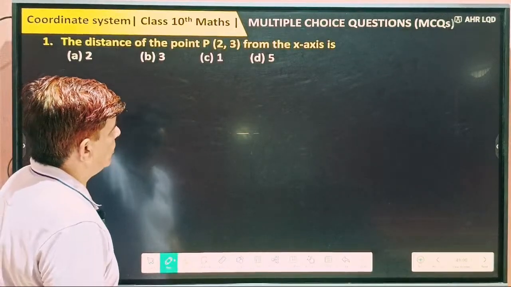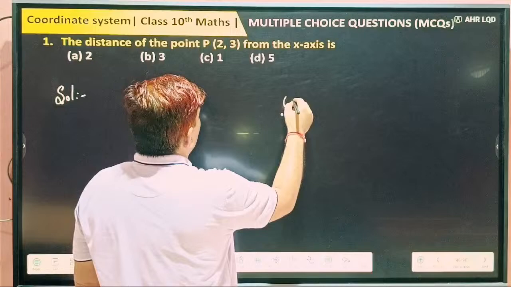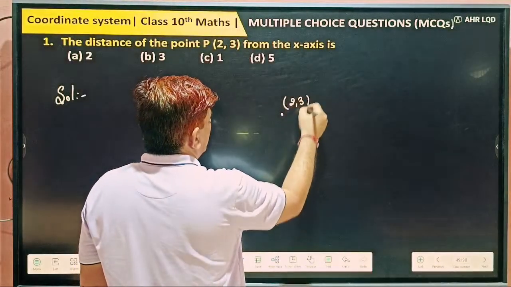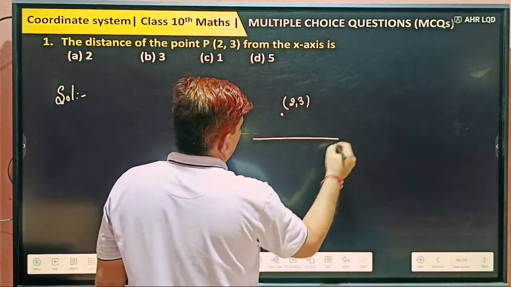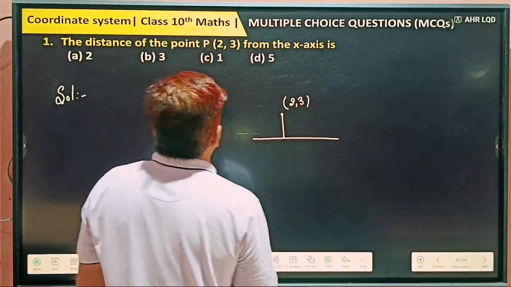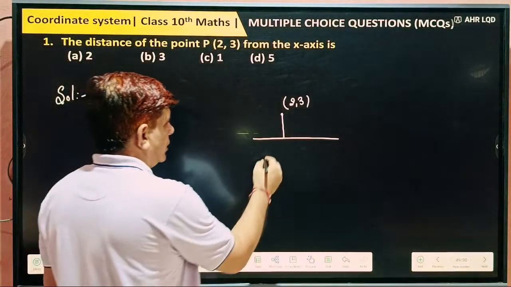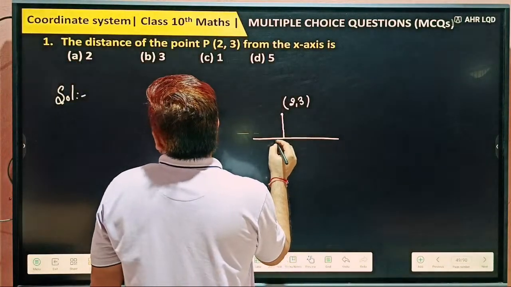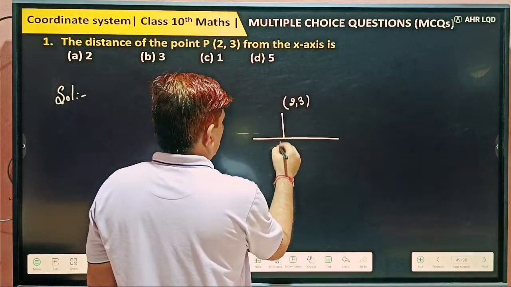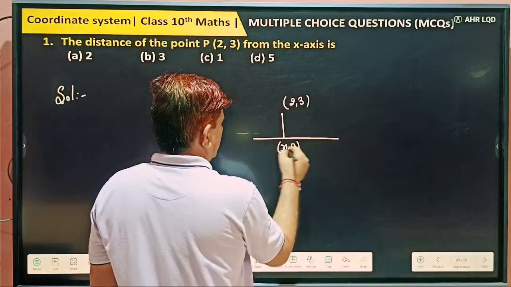We have a point P whose coordinates are these, and this is the x-axis. So the distance is this. What are the coordinates of this point? The coordinates of this point are x and y is 0.